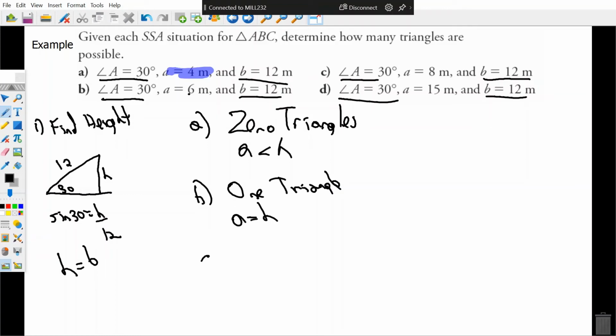In part C, A is 8, the height is 6, so A is greater than the height, right? A is greater than the height, but A is also less than B. So in this case, there are 2 possible triangles.